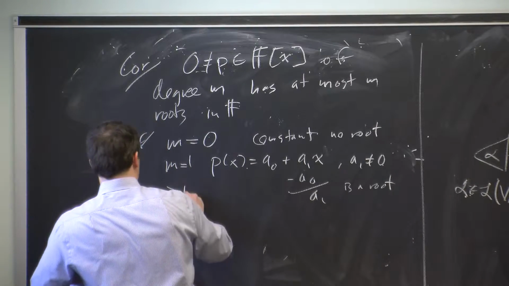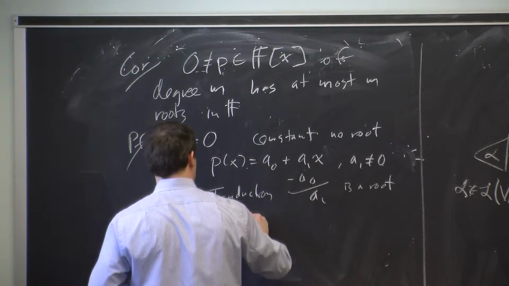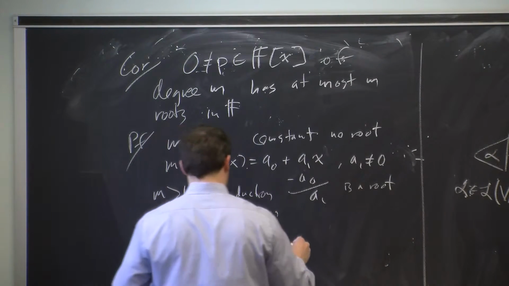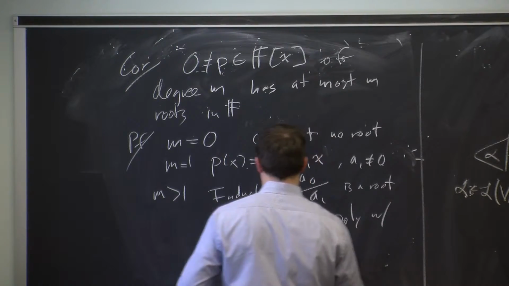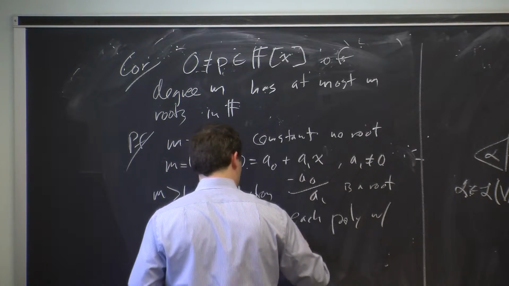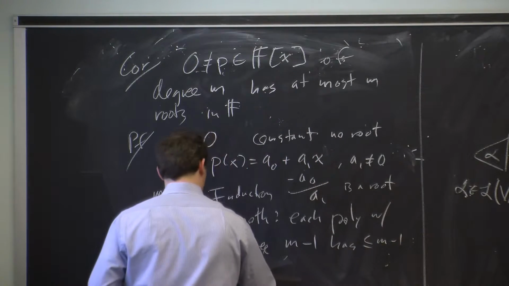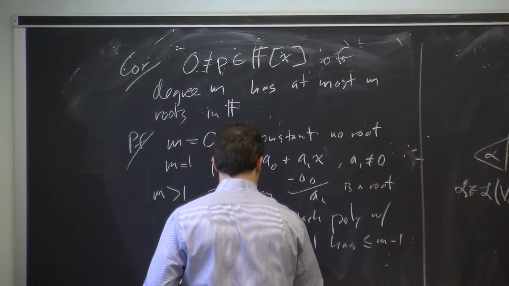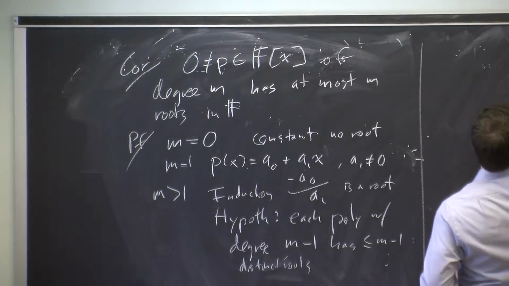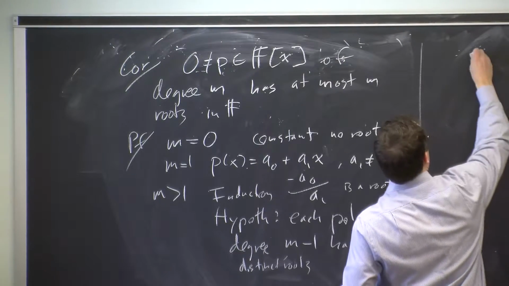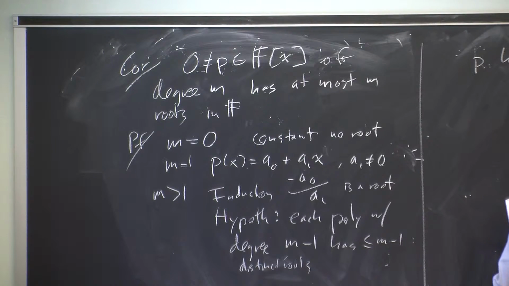And for m greater than 1, we do an induction. The hypothesis is that every polynomial with degree 1 smaller, degree m minus 1, has at most m minus 1 roots. If our p has no roots, then we're done.